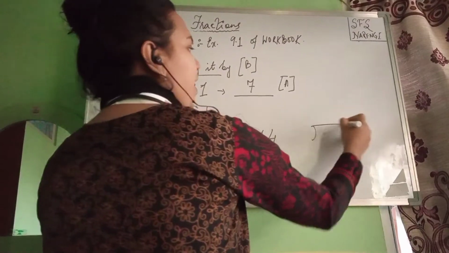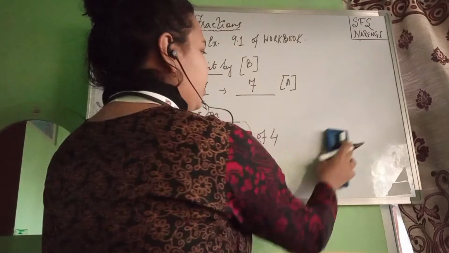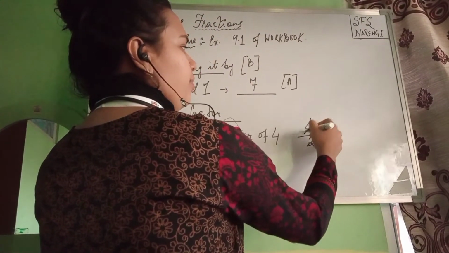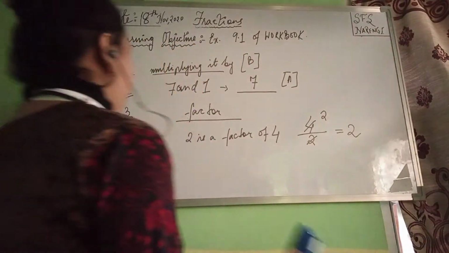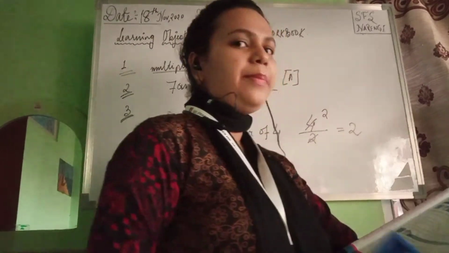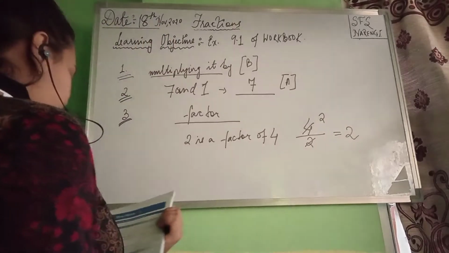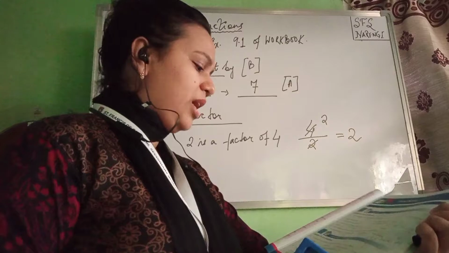Because if you divide 4 by 2, what will you get? You will get 2, right? So in question number 3, the numbers that divide a given number exactly are called factors. Okay children? So our 9.1, the recall multiple choice questions are done.